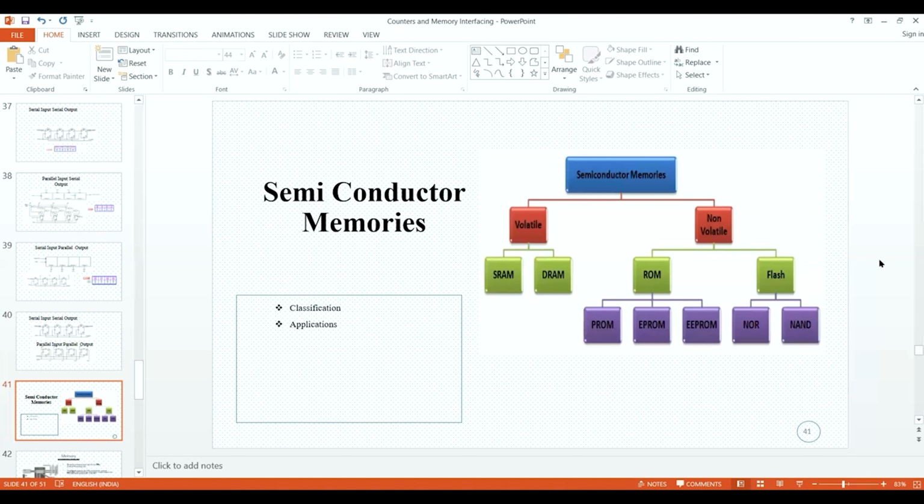So semiconductor memories, in which we are talking about volatile and non-volatile. I hope you understand the meaning of volatile, which is random, easily available, easily accessible. Various definitions you can check. So semiconductor memories are basically segregated in two ways: volatile and non-volatile.